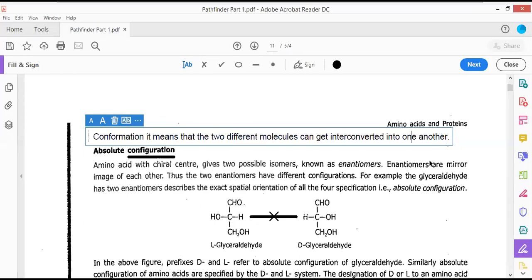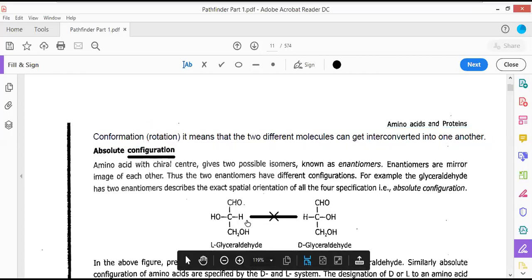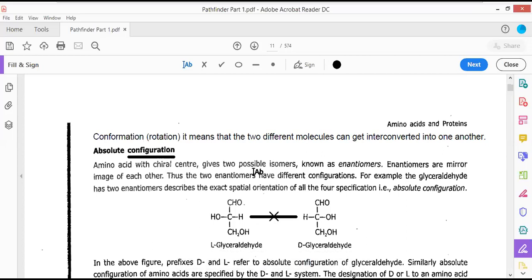Conformation means rotation. You just make a rotation and you would be able to convert one molecule into another, and this is referred to as conformation. When you cannot alter the two molecules into one another, then it is called configuration. In layman language, even if you cannot remember anything, I will make you remember everything.